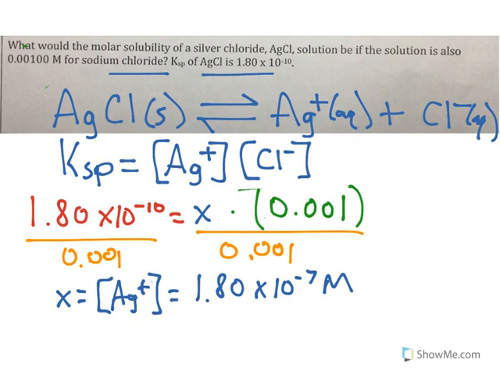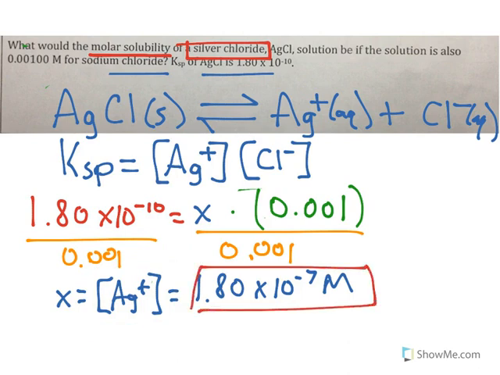Now, we have to be careful and consider that we did not answer this question, but we effectively did nonetheless, because the question asks us what's the molar solubility of silver chloride, not of silver. But if this is the concentration of the silver that dissociated out, then the fact that this is a 1-to-1 ratio tells us that these have the same solubilities.